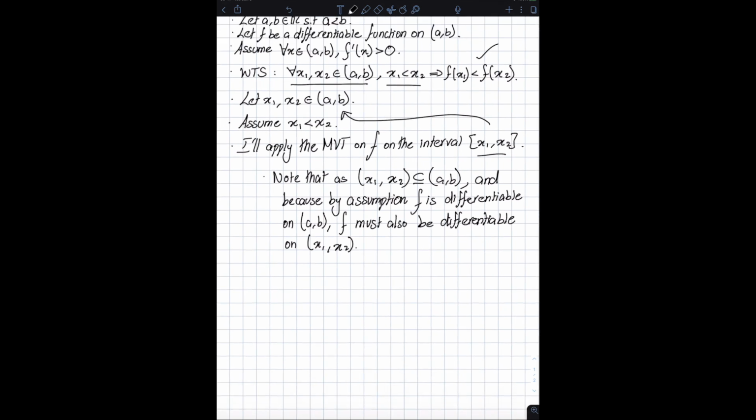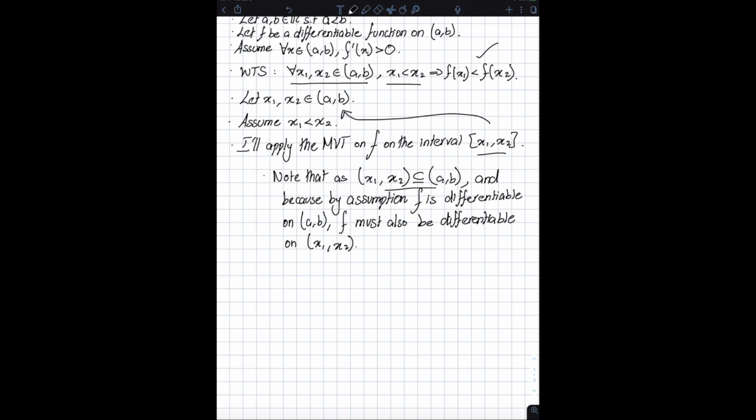So clearly, this is a subset, and by assumption we know that f is differentiable on the open interval (a, b). Thus it must also be differentiable on the open interval (x1, x2). So that's the first part.